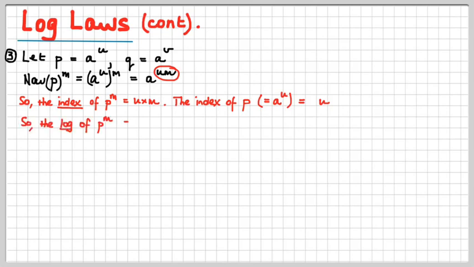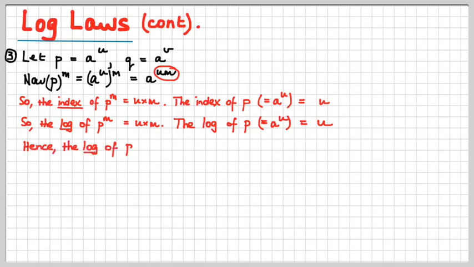That the log of p to the m, that's the index, is equal to u times m, and the log of p, which happens to be a to the u, is also u. So what are we saying as a result of all this? We're saying the log of p to the m, which is u times m, is equal to m times the log of p, which happens to be u, right?